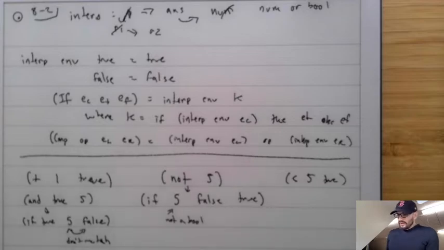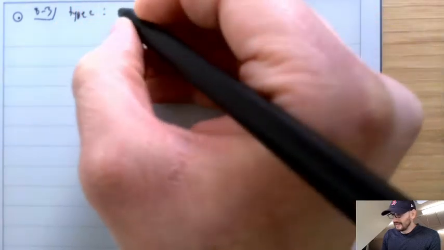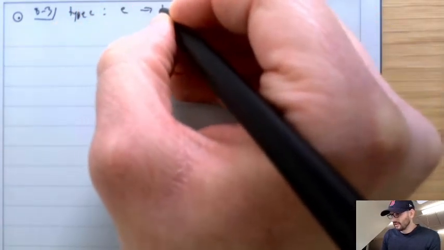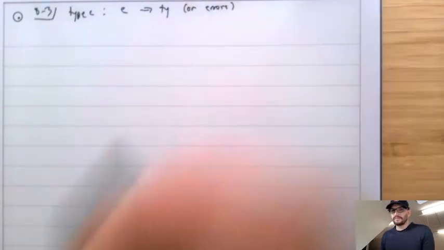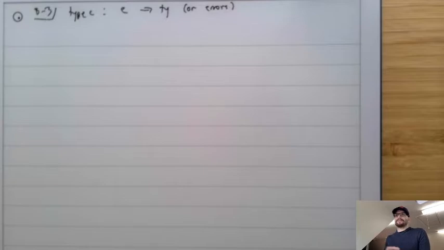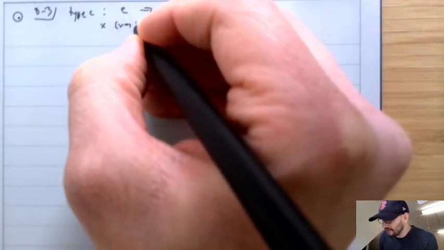So what we do is we write a function called type C that takes an expression and returns what its type is, or errors, of course, if there is no type. So those expressions I showed before would be an error. Now, because our program has variables, we really need another argument, which is a mapping from variables to their type.